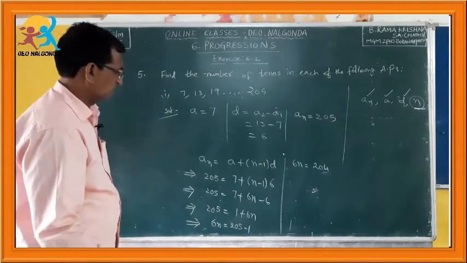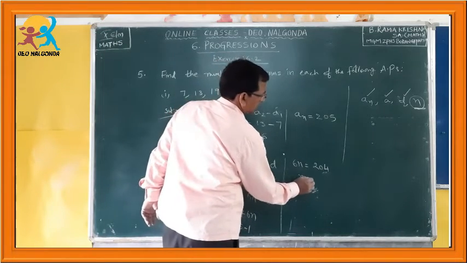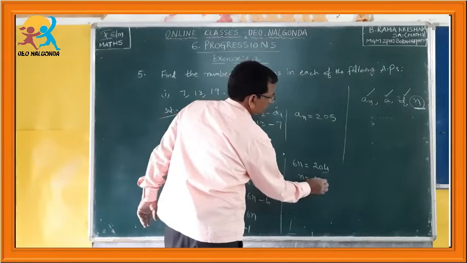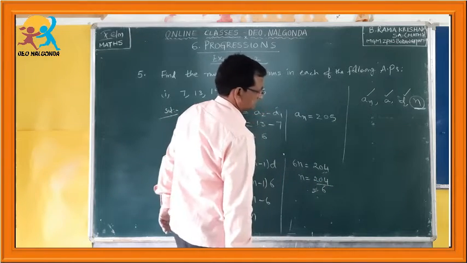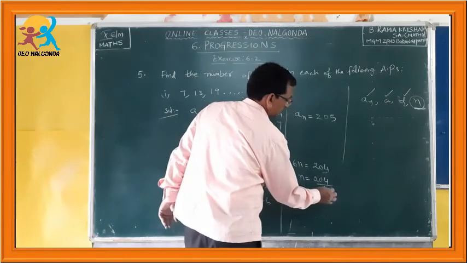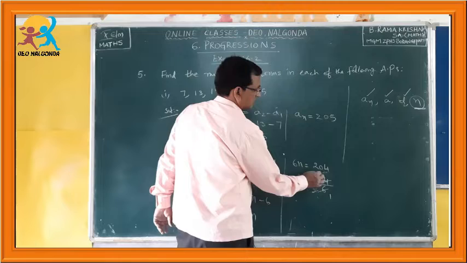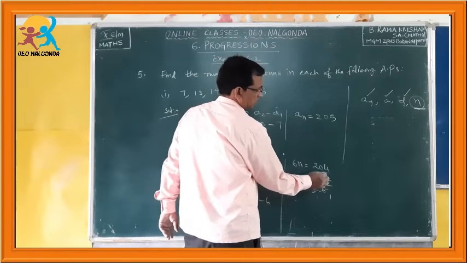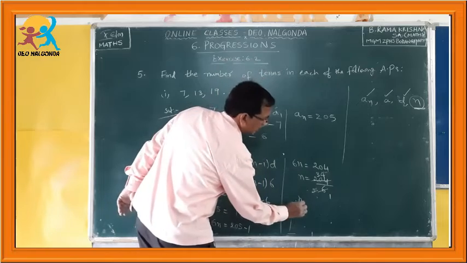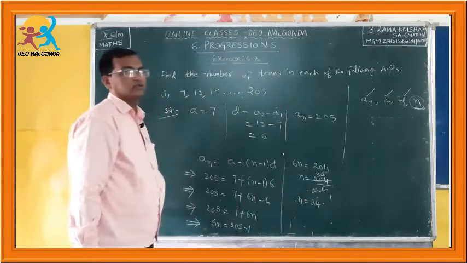6n equals 204. Now, n equals 204 by 6. If you simplify this fraction, 6 times 3 is 18, 2 remains, 6 times 4 is 24, so n equals 34. What does that mean?